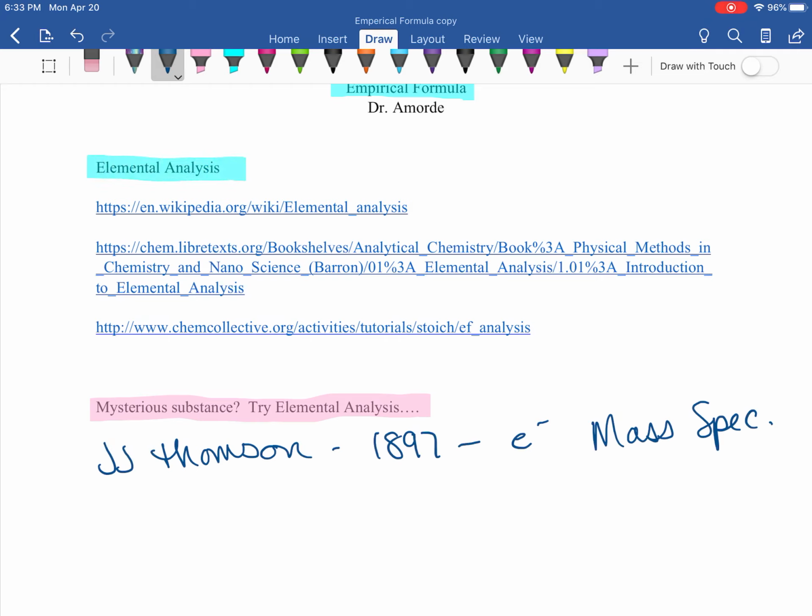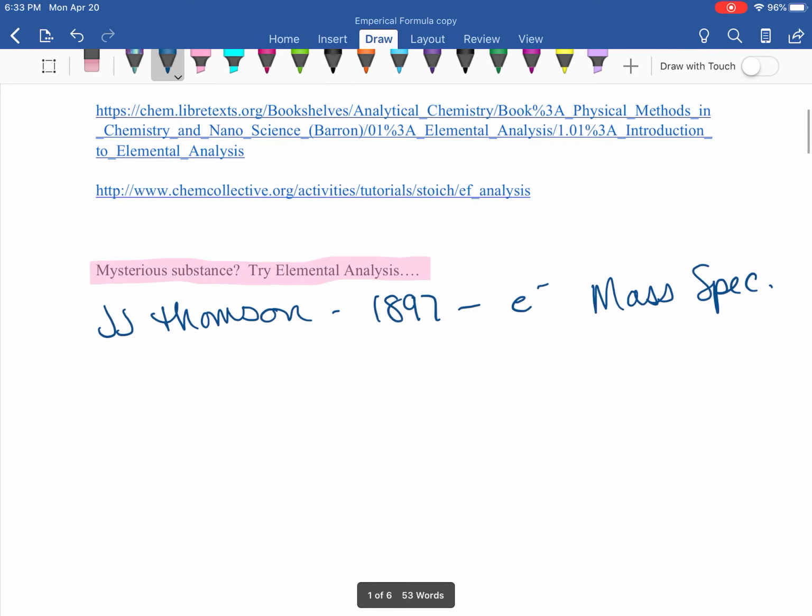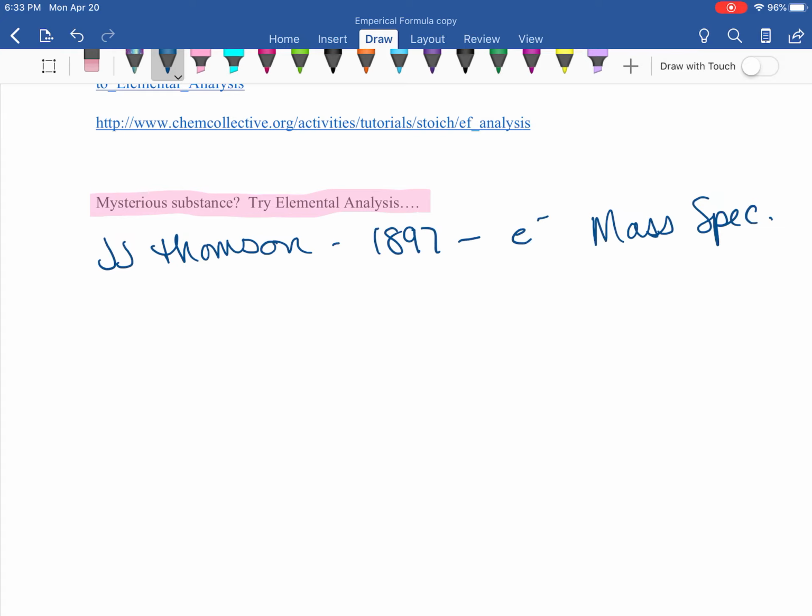So let's look at a couple instruments, starting with the mass spec and also something called elemental analysis. And I want to give a very, very gross generalization of how those instruments work. Now keep in mind, if you were a chemist in the last 100+ years, this is where you would start. You would use some sort of instrumentation to figure out what kind of mysterious substance you have. So how do these work? Let's just do something super general.